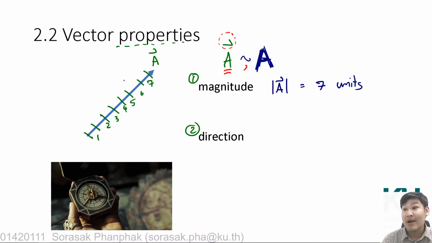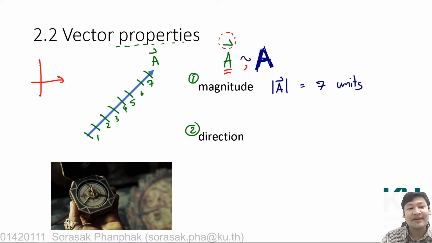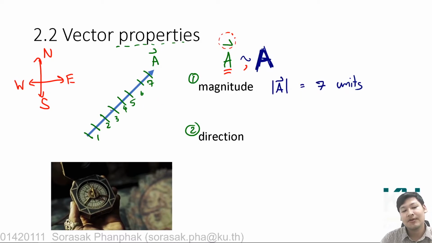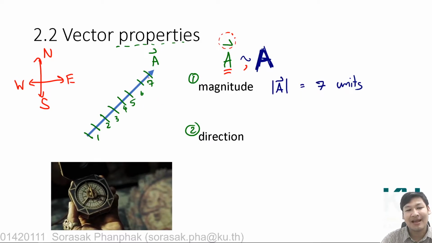And what about the direction? Mostly, if we would like to identify the direction, we can use a compass, to identify north, south, east, west, right? For this vector, you can see it's pointing in the northeast direction.